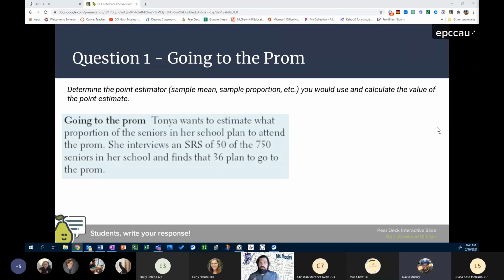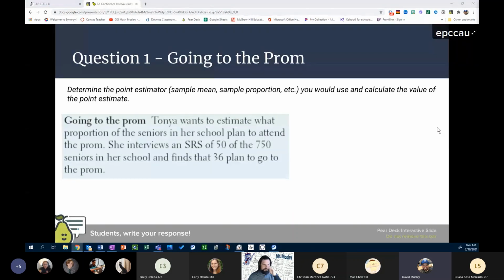I can't find all of the sample things and all the sample statistics. I'm picking one based on the context. Okay, so based on that, we can use the given information to calculate what is the proportion of students from the sample who are planning to go to prom. That's specific, from the sample, not from the population. You need to differentiate between the sample and the population.